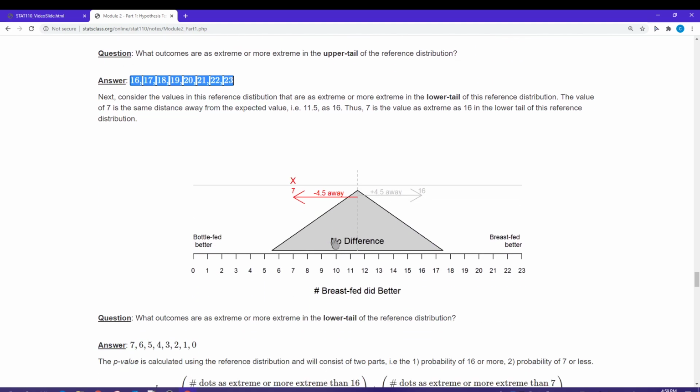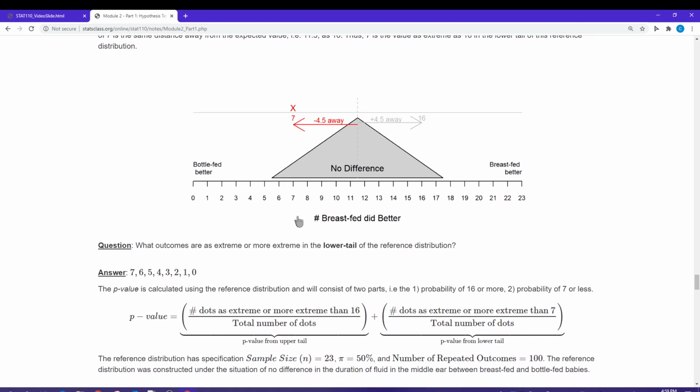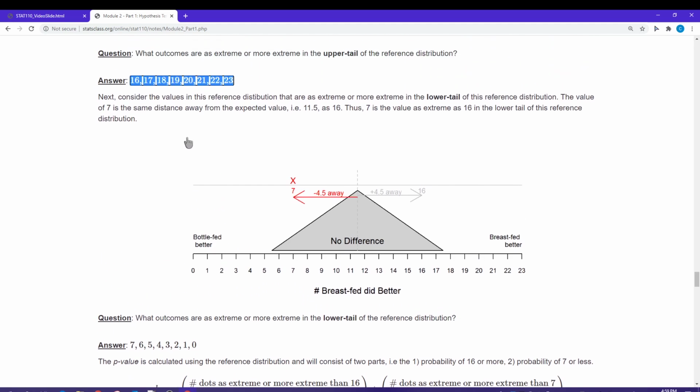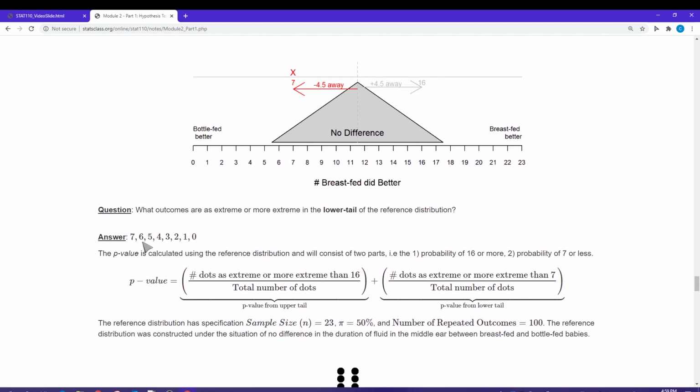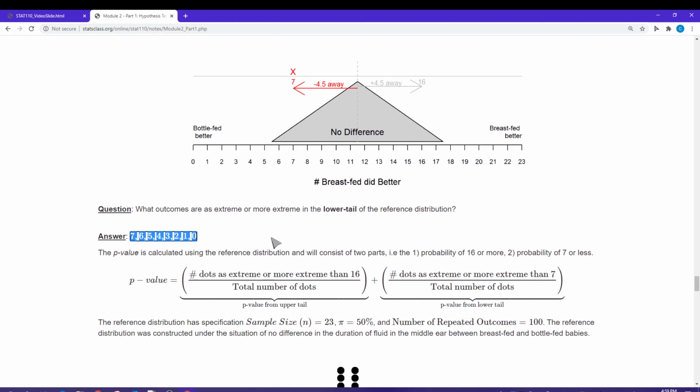So if I drop 4.5 down, I'm going to be at 7 here. So the p-value is also going to use values that are 7, 6, 5, 4, 3, 2, 1, 0. So the p-value is going to use both 16 up through 23 for its calculation and also 7 through 0 for its calculation.